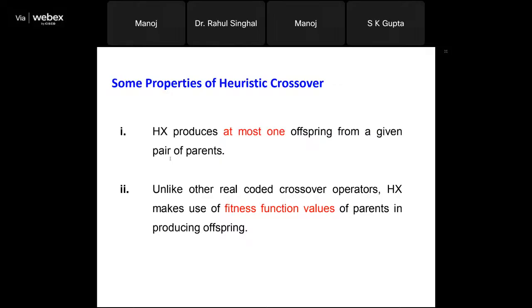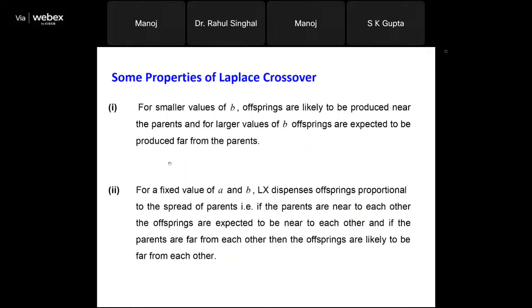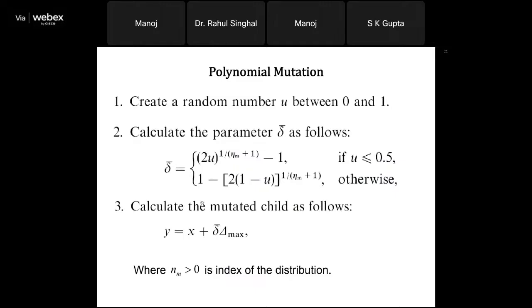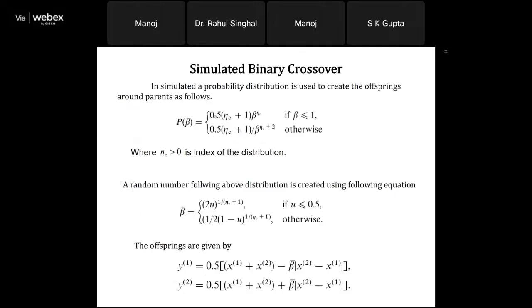And in the previous cases, if you see, nowhere here I have talked about x1 and x2, what is the quality of x1 and x2, right? We have not used the fitness value of parent 1 and parent 2 to produce the offspring, right?